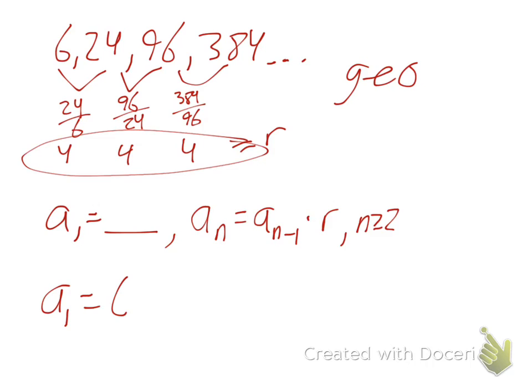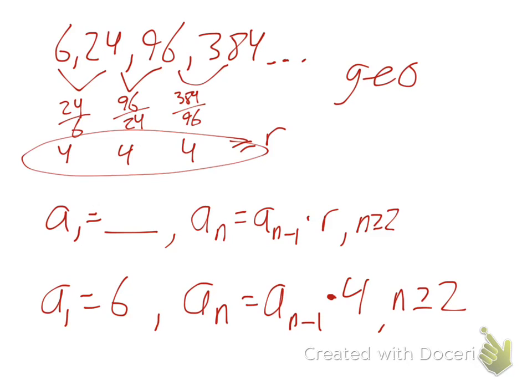So a sub 1 equals 6, where a sub n equals a sub n minus 1 times... What's r? 4, where n is greater than or equal to 2. Now technically, we could put the 4 in front of a sub n, so sometimes you will see it this way, in the middle. But for most of us, we like to put our coefficient out front, so it would make more sense on this one.